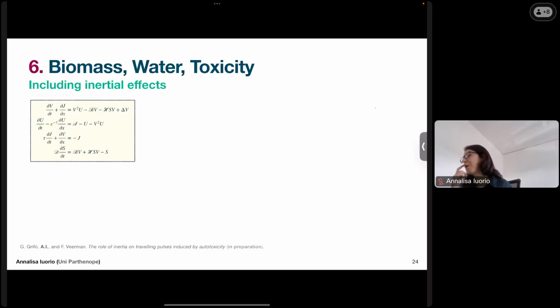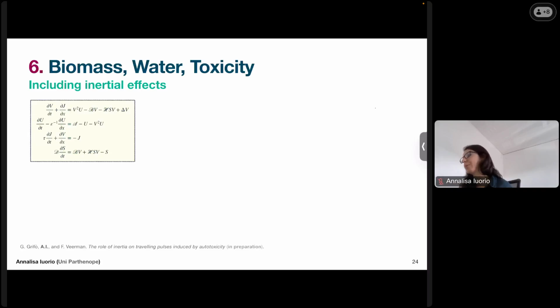Okay. The sixth model, I don't have time to discuss it, but just wanted to tell you that what we are currently working on with Gabriele and Fritz is an extension of this model, including inertial effects. This basically brings you from a parabolic framework to a hyperbolic framework.